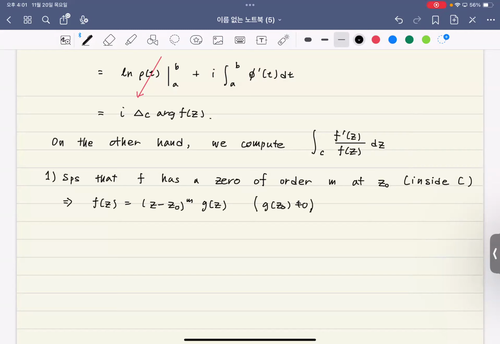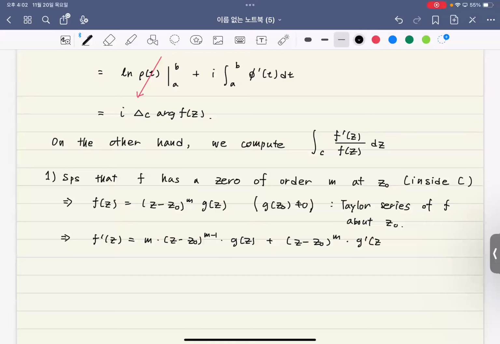So this is the Taylor series of f about this point. Then f prime of z is m times (z minus z0) to the m minus 1 times g of z, plus (z minus z0) to the m times g prime of z.